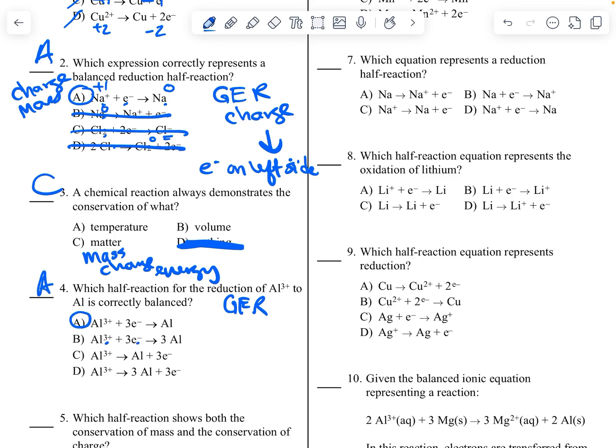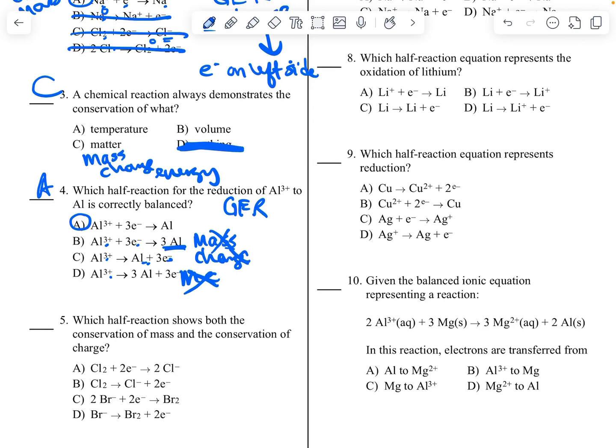Al +3 plus 3 electrons is not all of a sudden going to get us 3 aluminum, so mass is not balanced here. In part C, we have a +3 on this side, and we have a -3 on this side, so charge is not balanced here. And in part D, we have +3 on this side, and mass and charge are both not good for D.